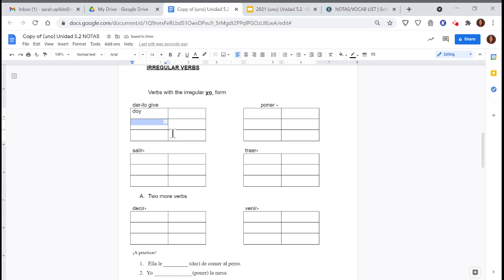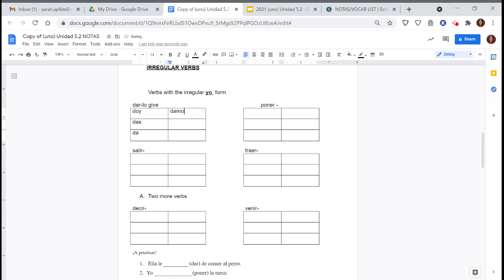For the tú form, we take off the AR ending, and then we know our tú form ending is as, right? So das would be you give. No spelling change here that I need to think about. Just take off the ending, put the new one back on. The ella, usted form ending is a, so da would be he gives or she gives.